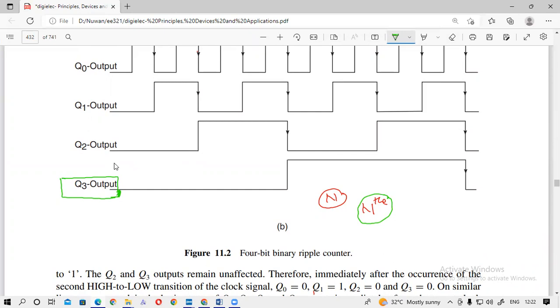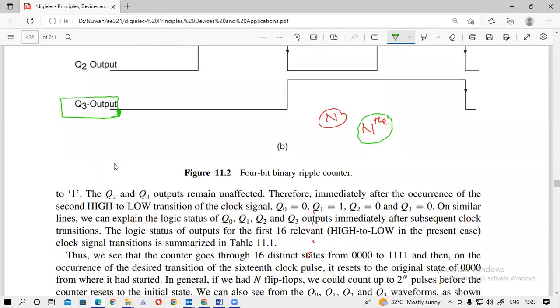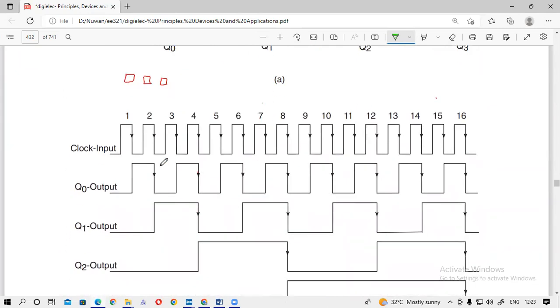So what is the requirement? Let's say that the time of one clock pulse is t, let's say it is t clock.